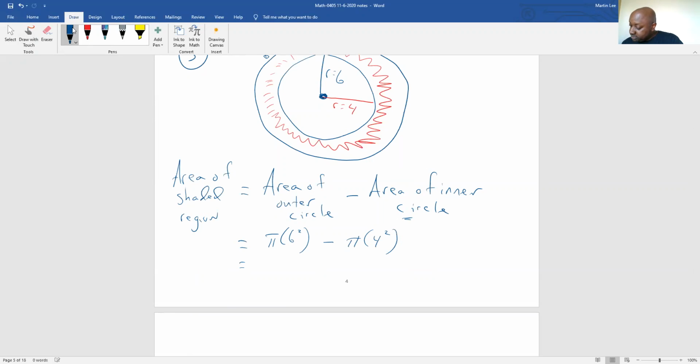And so this equals 6 squared is 36 times pi minus 4 squared is 16 times pi. And then 36 pi minus 16 pi is 20 pi. And so the 20 pi is the area of the shaded region.